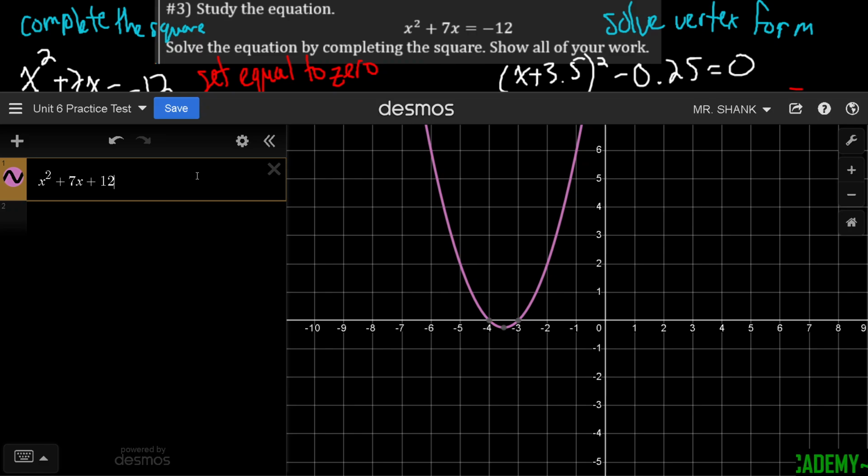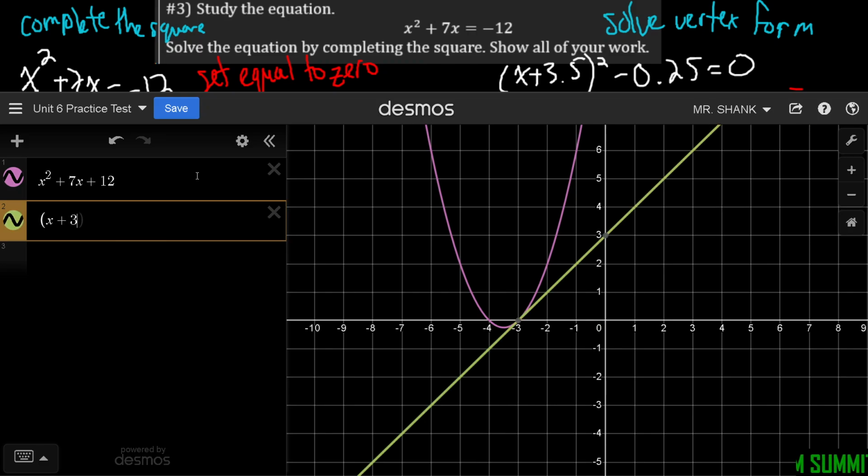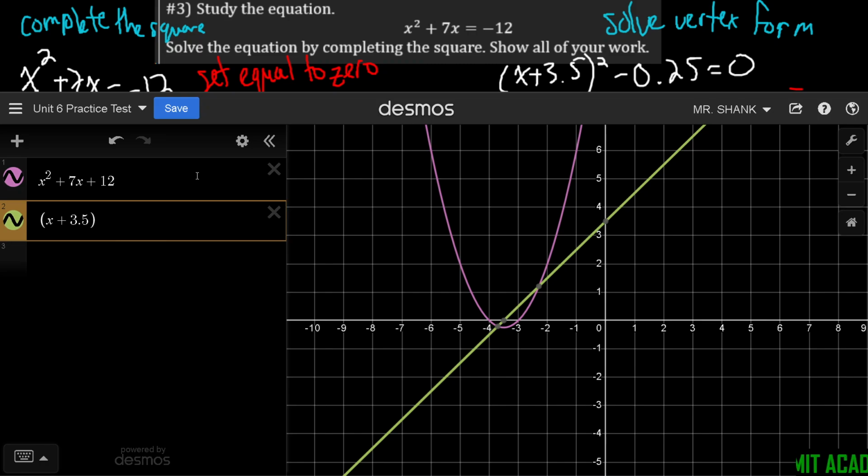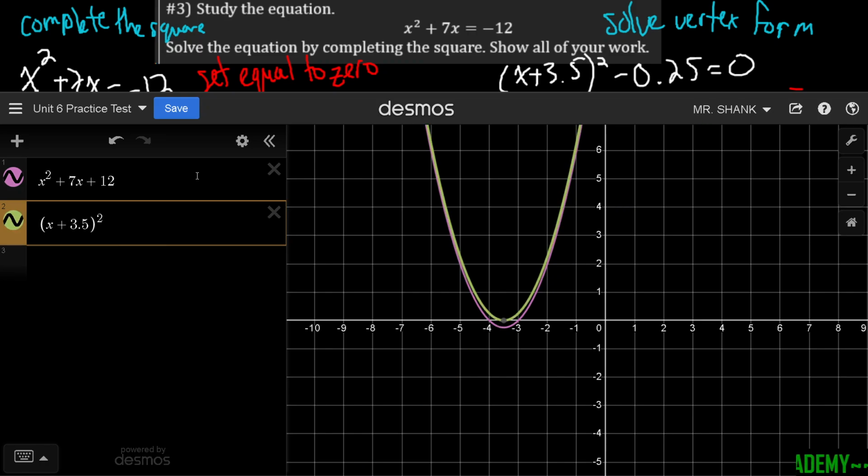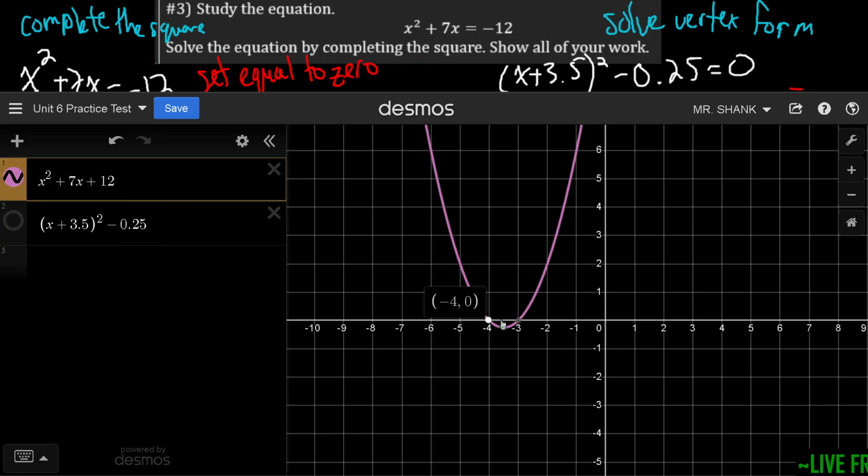And what I could say is let's check our vertex form. So I said my vertex form was x plus 3.5 squared, minus 0.25. And if you look, notice how it barely changed. But again, notice how I have overlapping things. And an easy way to check that is those 3 key points. I have 2 x-intercepts and a vertex.